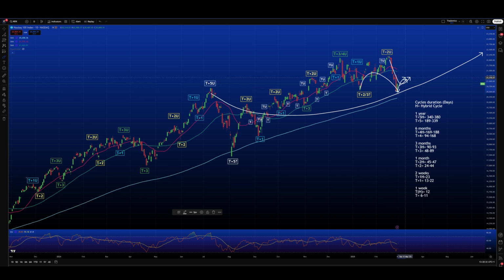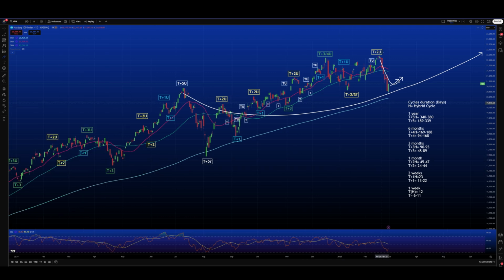And therefore, if whatever cycle attaches from this low here is negative, then we will see a return to the absolute lows. Because in case this is not a T+2 but a T+3, then we will see a move of this kind. So we are in a situation where we can have a couple of options.